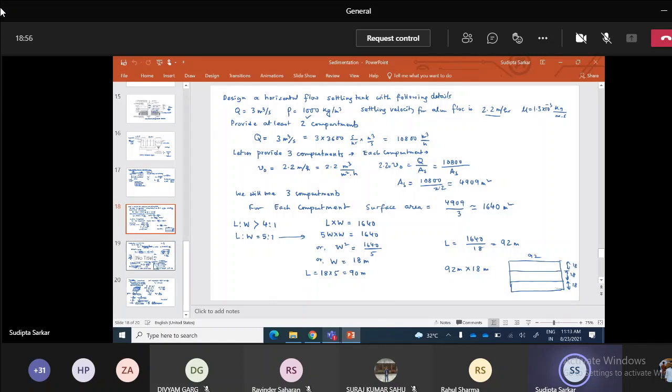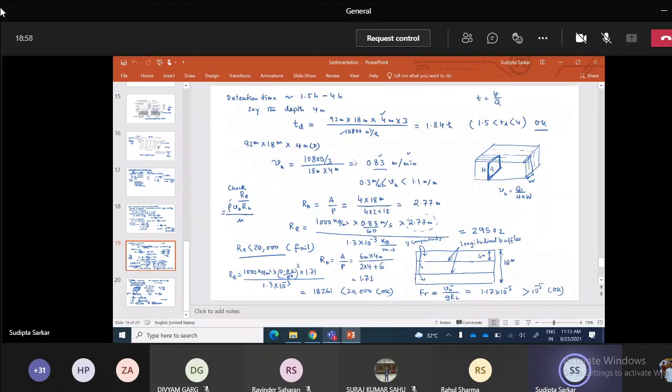Then we proceeded with the design, and we saw that everything was okay, but the Reynolds number was failing because of the configuration of the system. We saw that the R_H value was pretty low, so we wanted it pretty high.